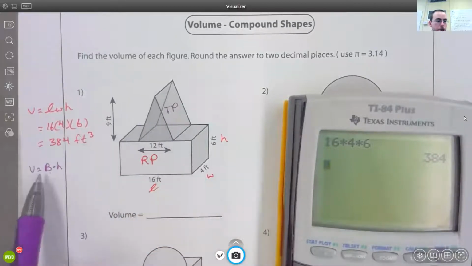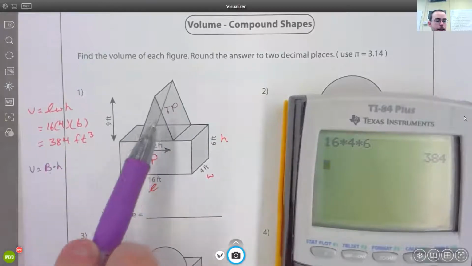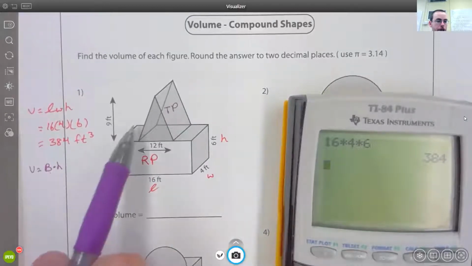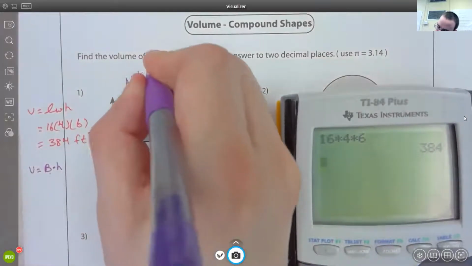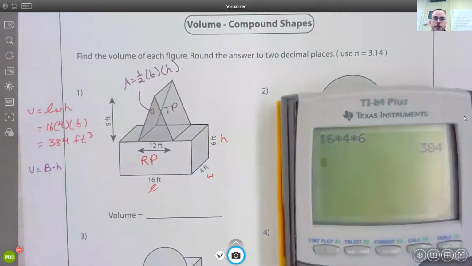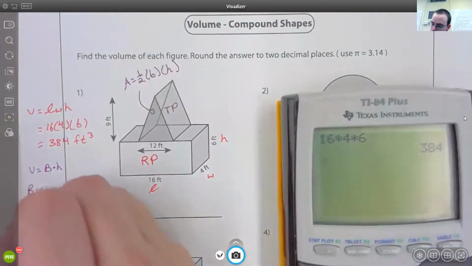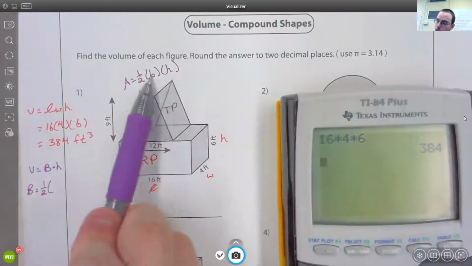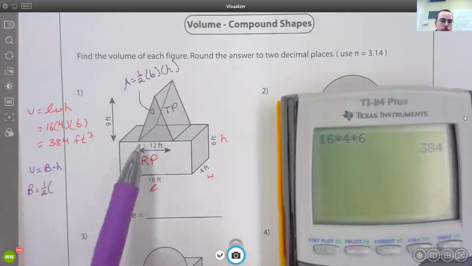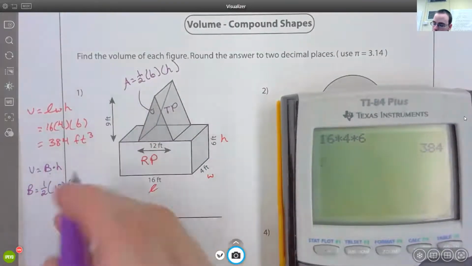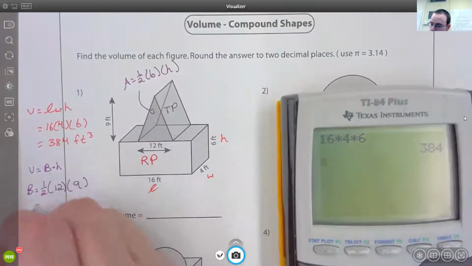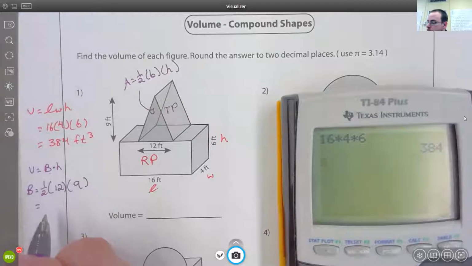So to find the base area, we need the area of this triangle, which is 1/2 times base times height. The base of this triangle is 12 and the height is 9. So 1/2 times 12 is 6, times 9 is 54.